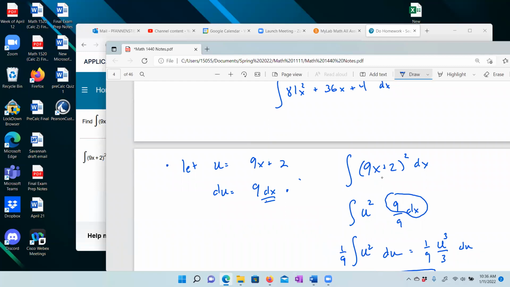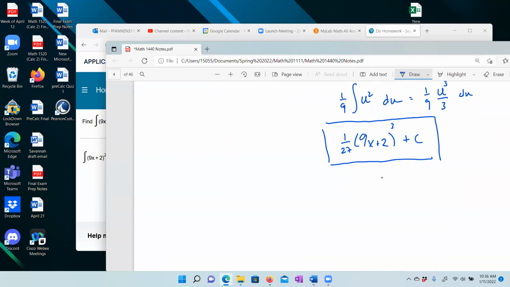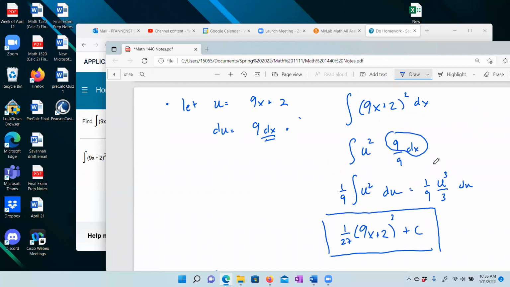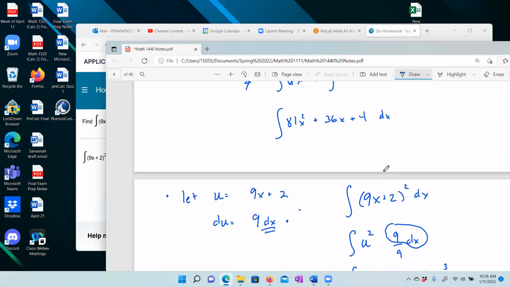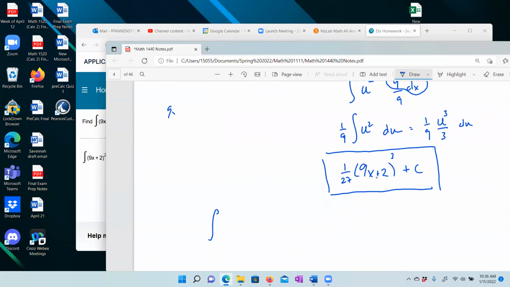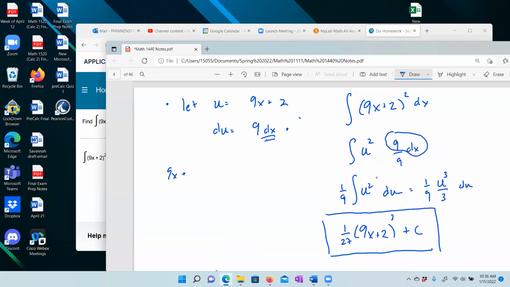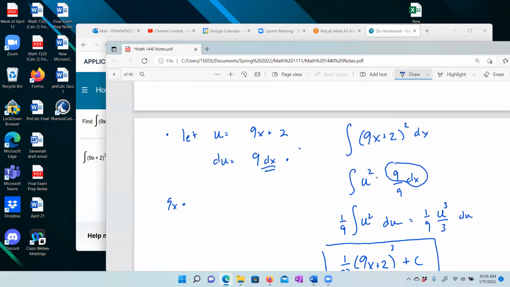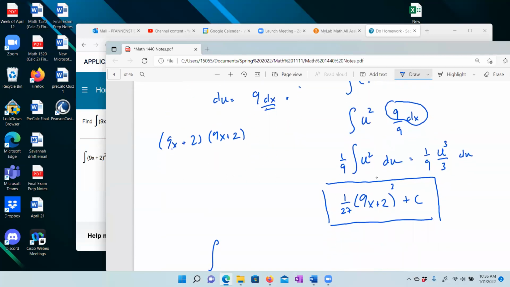Now you're going to get a slightly different answer if we went through and multiplied it out. So we can go ahead and do that. We have the integral of 9x plus 2 squared. I'll work it off to the side. 9x times 9x, that's 81x squared.